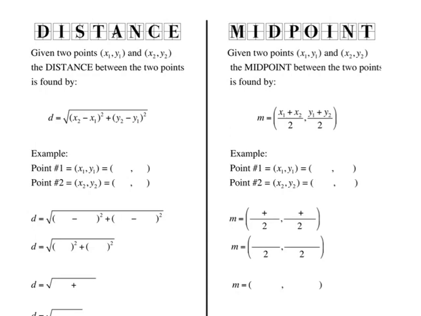If you think about the Pythagorean theorem with a right triangle, that's kind of where this is coming from. When we look at the midpoint formula, we're looking for the halfway point between the 2 points. So we add the two x values, divide by 2, add the two y values, divide by 2, and that will give us our midpoint.